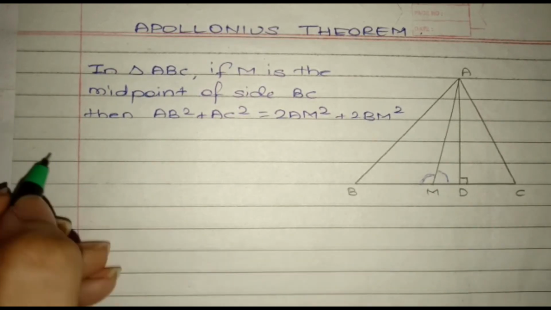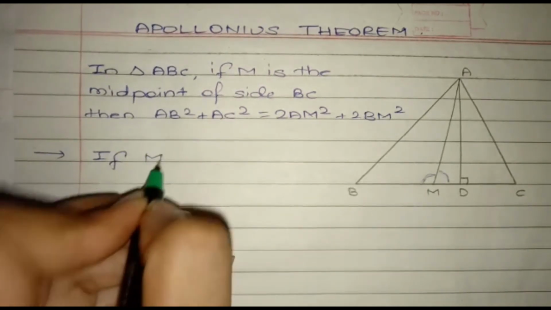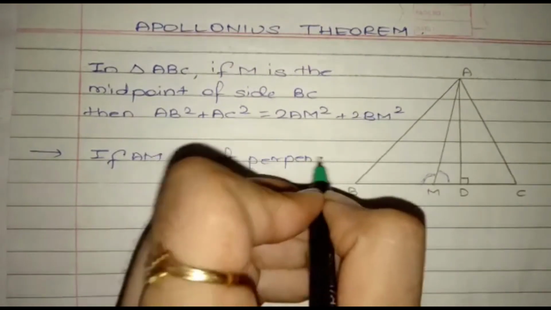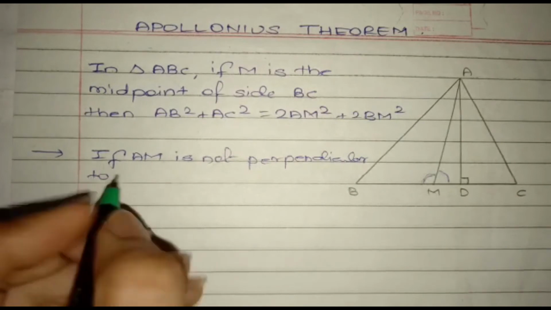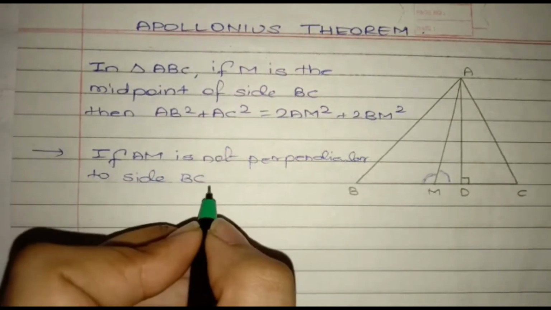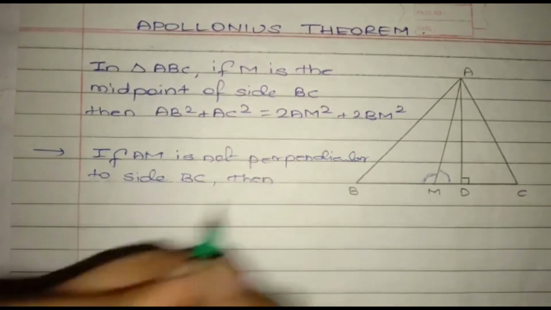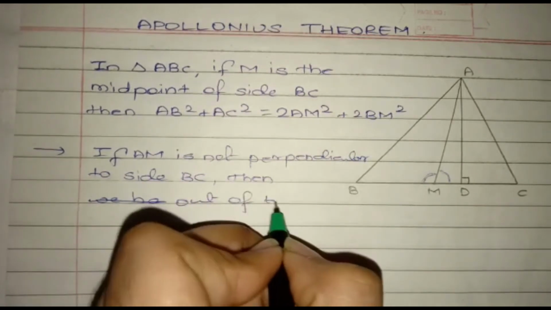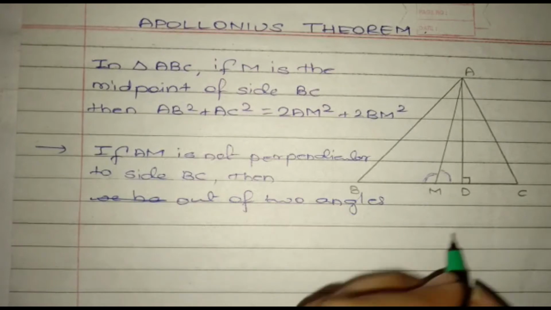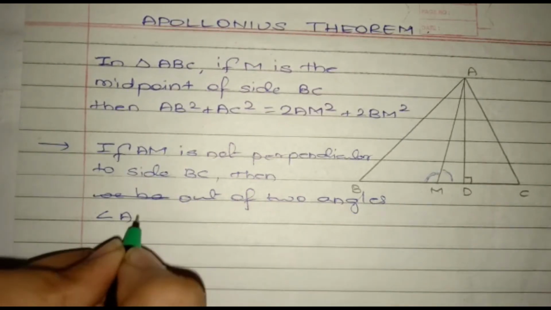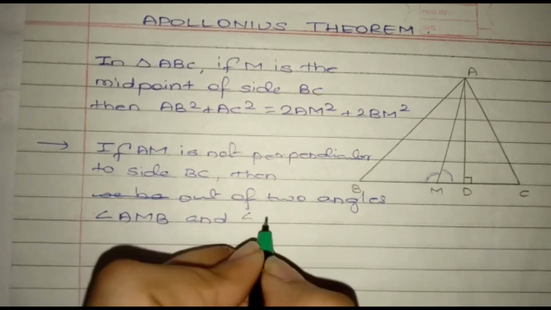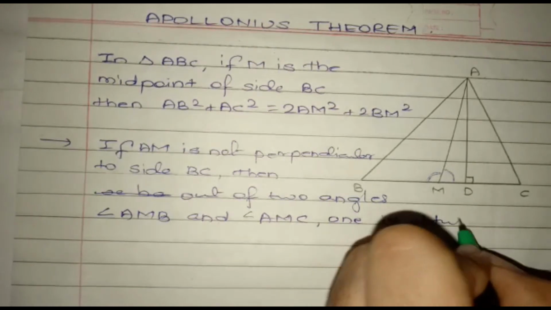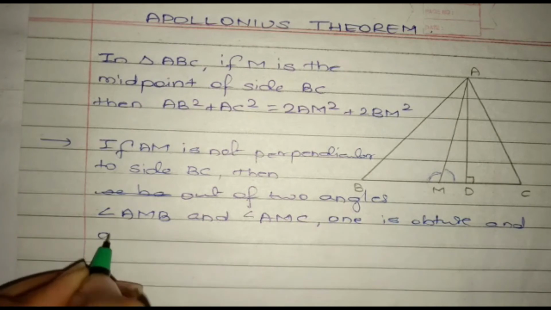We can see. So we will write, if AM is not perpendicular to side BC, then out of two angles, angle AMB and angle AMC, one is obtuse and one is acute.